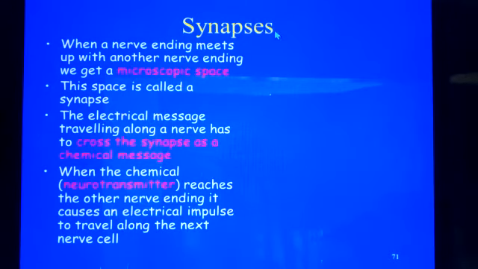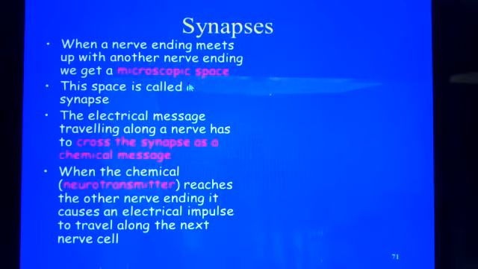So a synapse is the transmission of a nerve impulse from a nerve fiber across a gap, which is referred to as a synapse, and into another neuron or a gland or a muscle, that is, maybe the effectors for that matter.